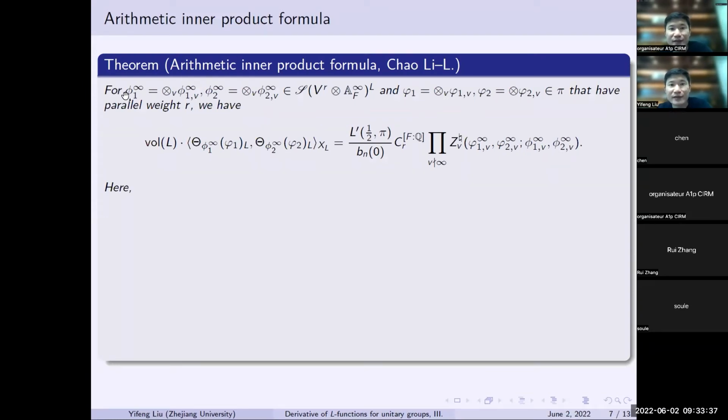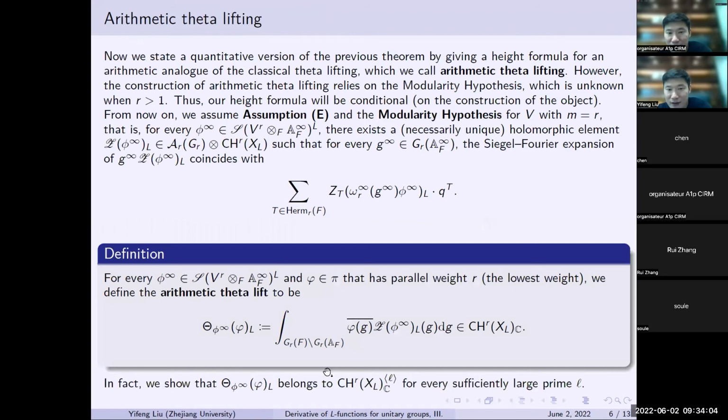We start from two sets of data: decomposable Schwartz functions phi1, phi2, and decomposable vectors of parallel weight R from the representation pi. So you have two elements in this group.